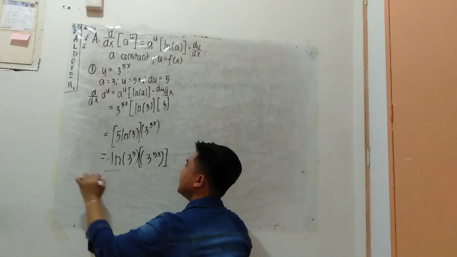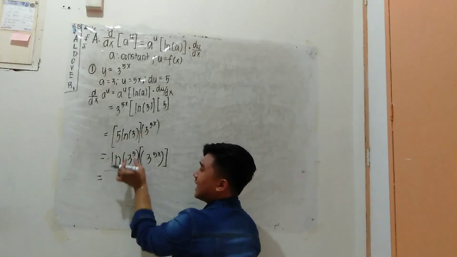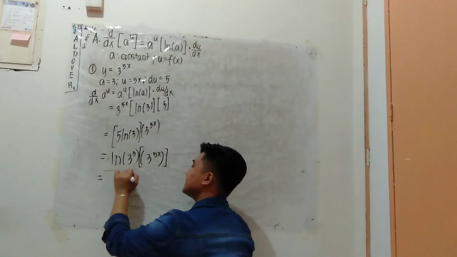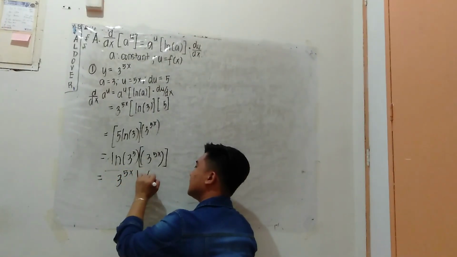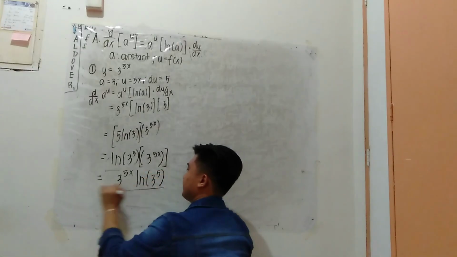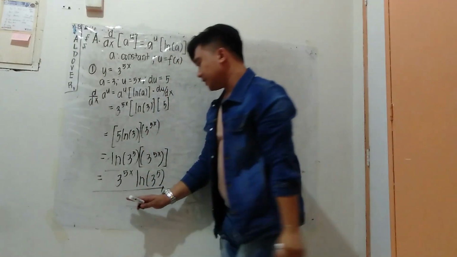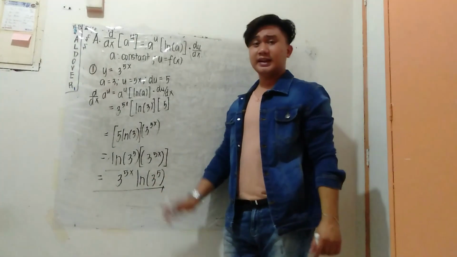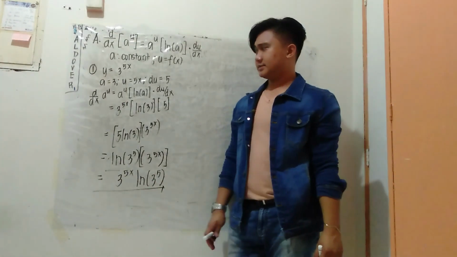Yan. Or simply, rearrange ko lang baka kasi akala nyo minumultiply ko yun dun eh. So, 3 raised to 5x ln of 3 raised to 5. Pwedeng ito na yung sagot mo, pwedeng i-simplify mo pa yung 3 raised to 5. Pero sa akin, okay na to.